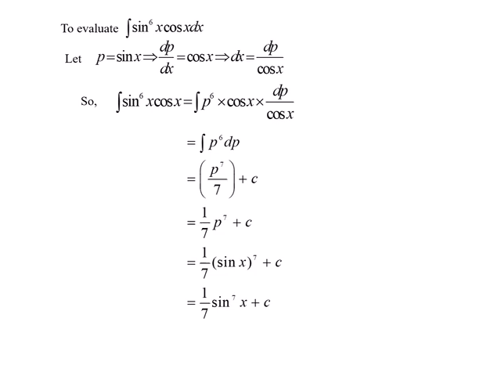Just from the explanation we made before, we represent p, the alphabet p, to be equal to sine s. So now we are going to differentiate it. We differentiate p. We now have dp over ds equal to what? Cos s.